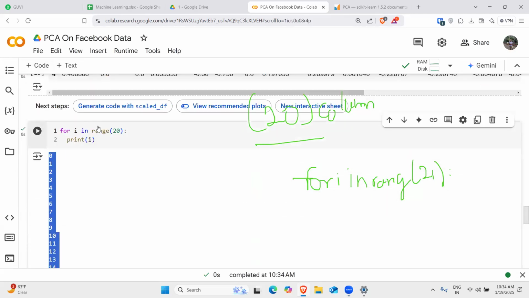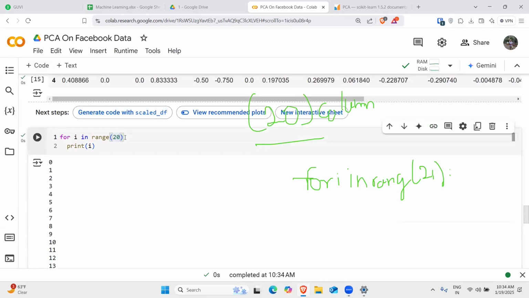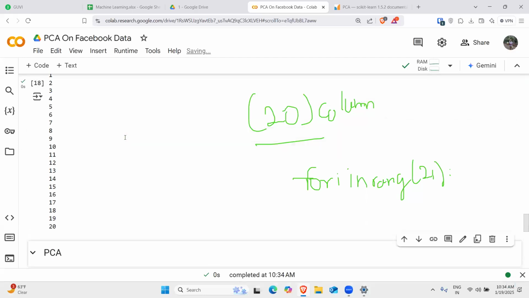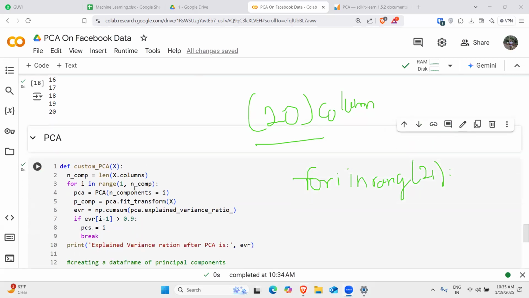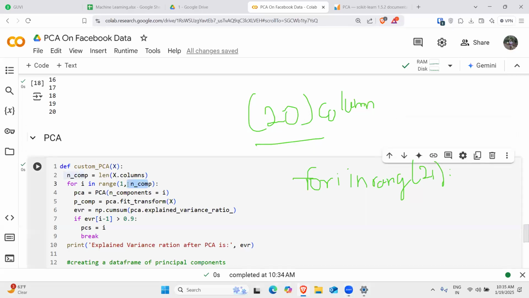No. In order to get 20, you should write 20 plus 1, that is 21: for i in range(21). Is this thing clear now, everyone? This part? Okay, so that's what we are doing in range(1, n_components + 1).